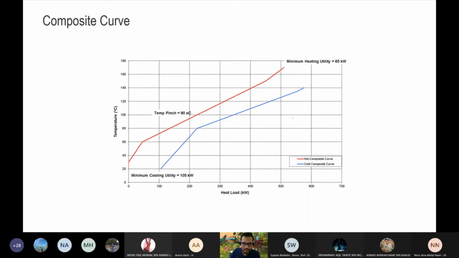In the end, we have the hot composite curve, and then we have the cold composite curve underneath, and then the area.